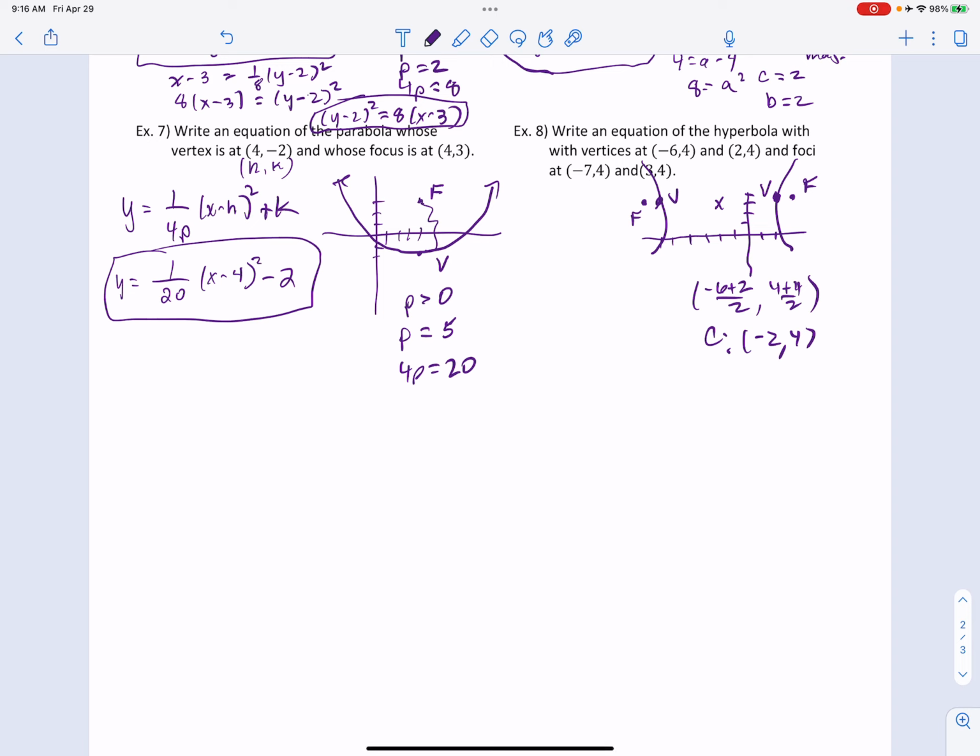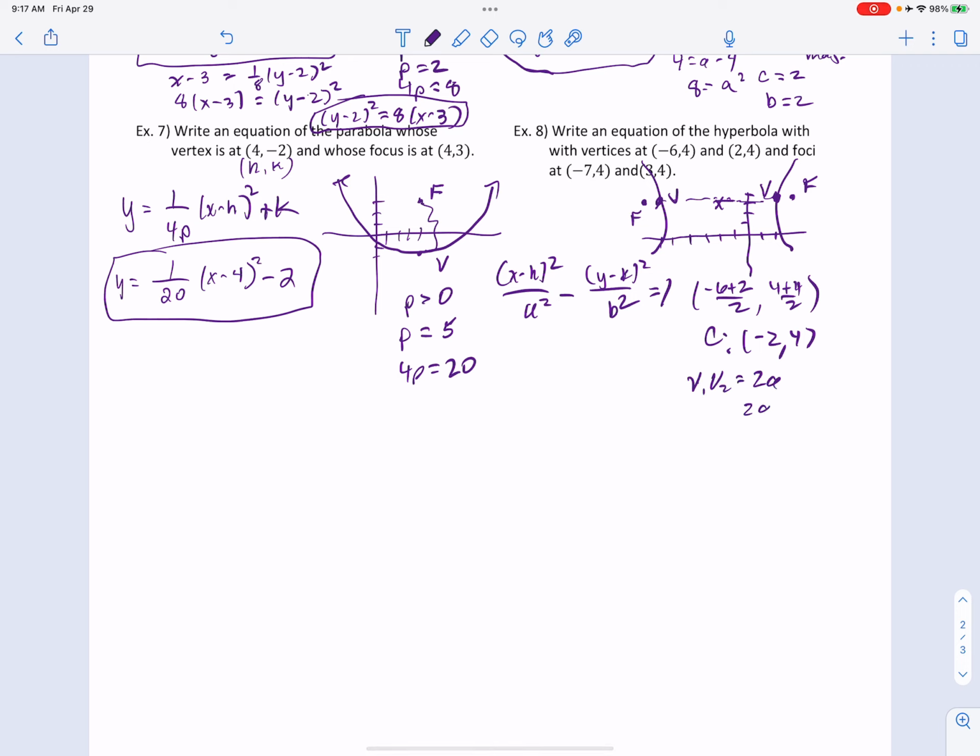And because it opens to the right and the left, I know the y is going to be negative, and the x is going to be positive. You have to memorize that. And so I need to find the values of a and b. Well, the distance between the vertices is 2a.